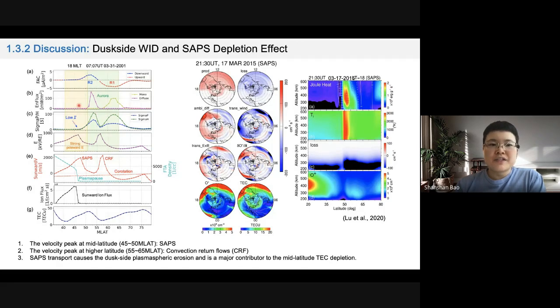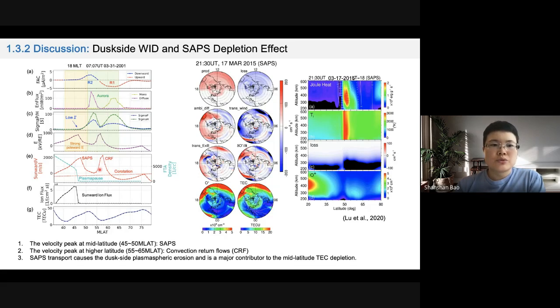By definition, this velocity peak generated by this strong electric field is a subauroral polarization stream. And at a higher latitude, you can see there's a region without the mono and diffuse precipitation, but it's between the region 1 and region 2 current, which will generate a very strong electric field.